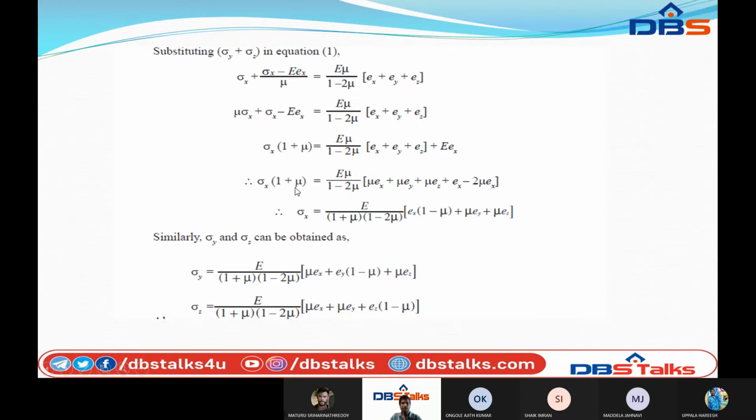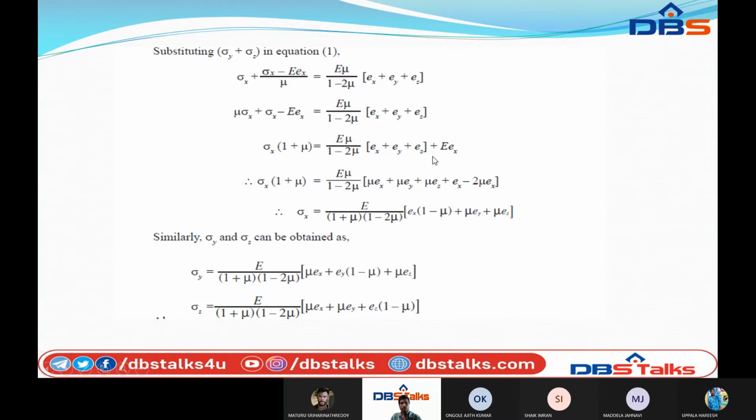After that, sigma x into 1 plus mu, that will be E mu by 1 minus 2 mu, multiplying the terms with mu: mu Ex plus mu Ey plus mu Ez plus Ex minus 2 mu.